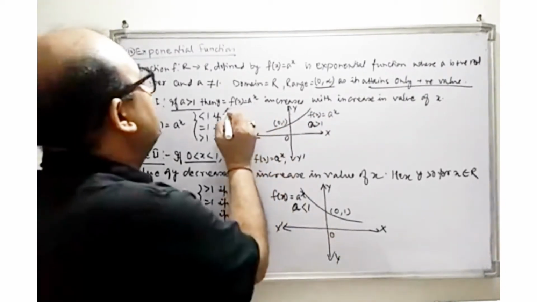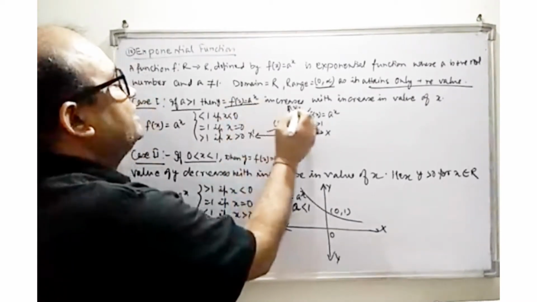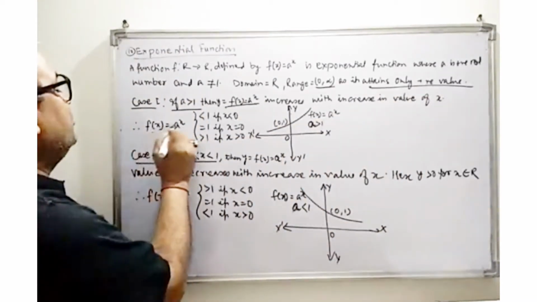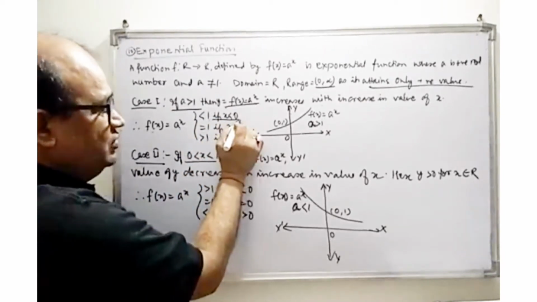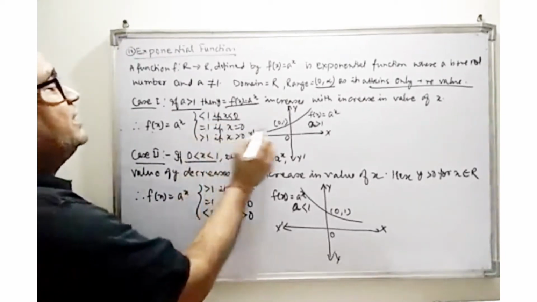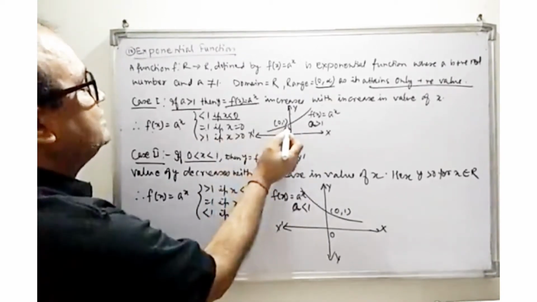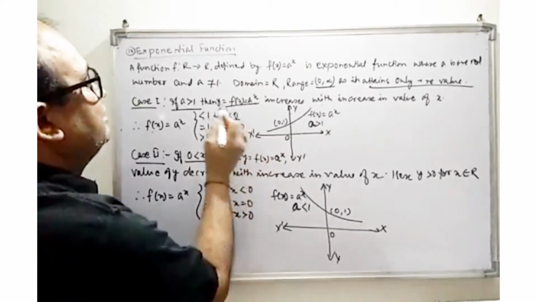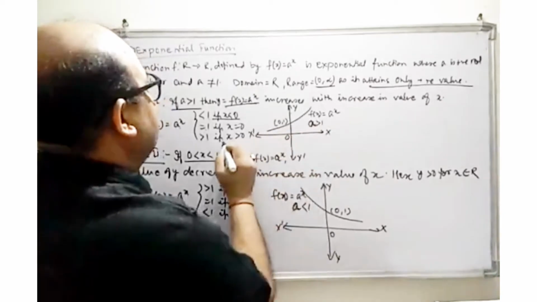Now f(x) = a to the power x is less than 1 if x is less than 0, and equal to 1 if x equals 0. And if x is greater than 0, then it increases.